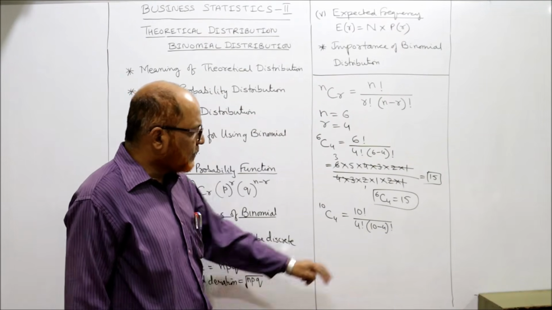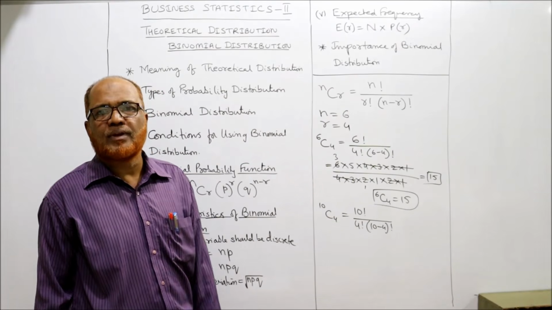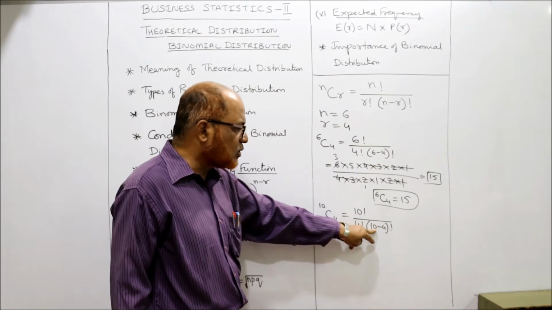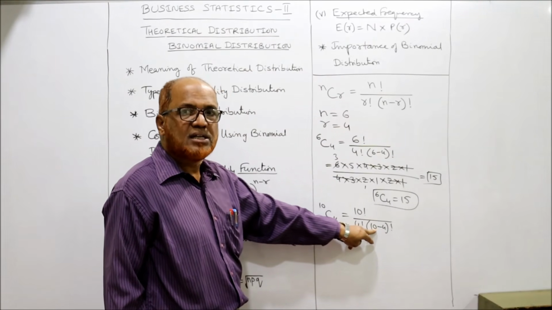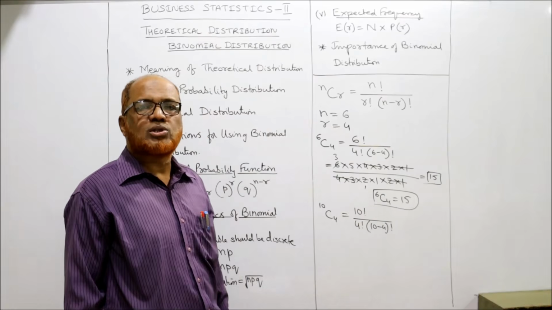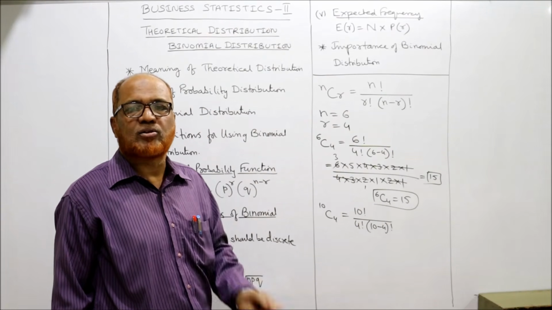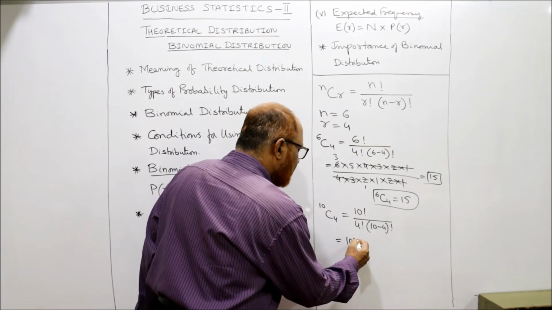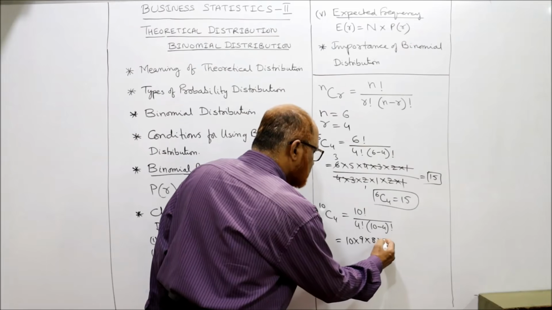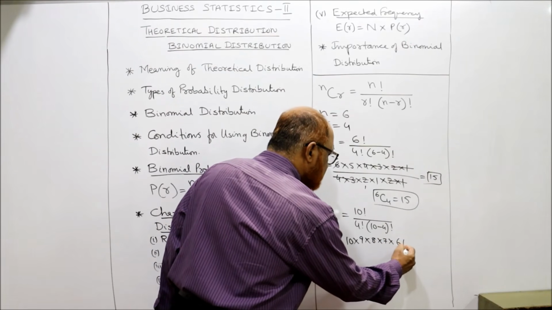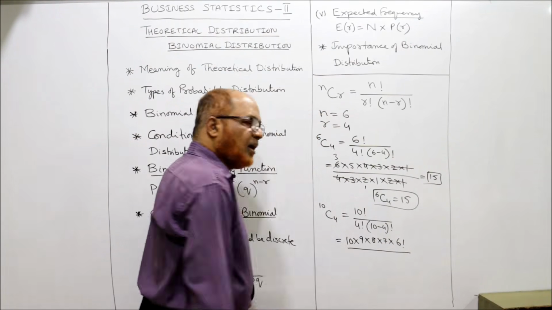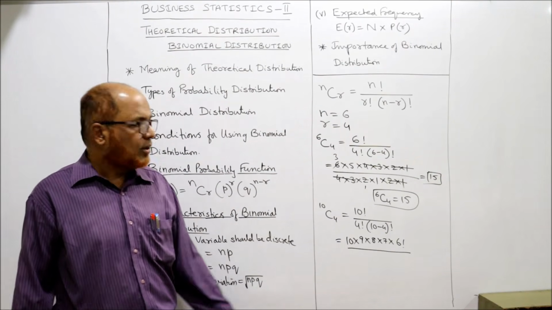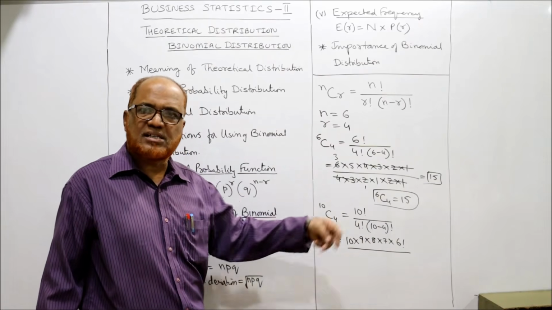There's a shortcut method. 10 minus 4 is 6, so in the denominator you have 6 factorial. So the numerator will also stop at 6 factorial. That is equal to 10 into 9 into 8 into 7 into 6 factorial. I am not going 6 into 5 into 4 into 3 into 2 into 1. नहीं जा रहा हूँ. क्यों?